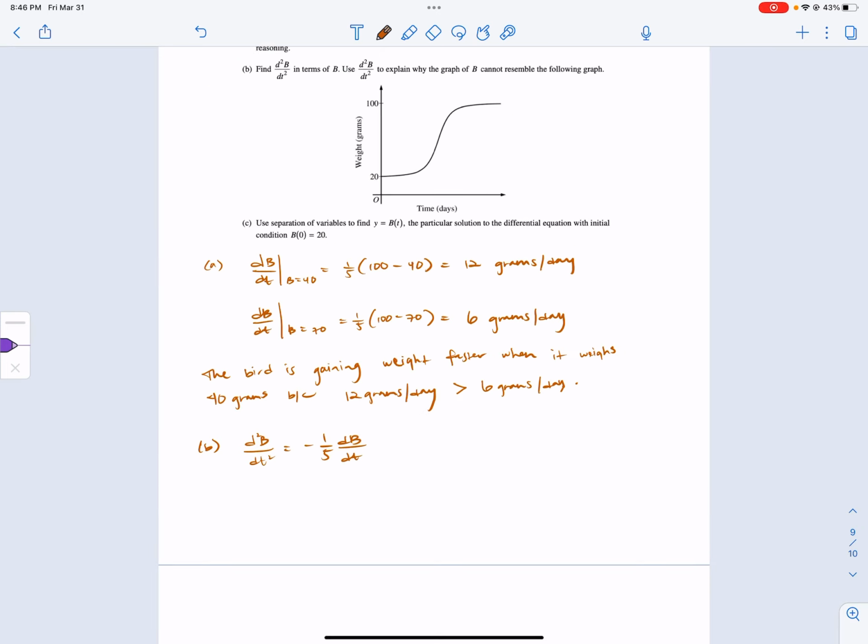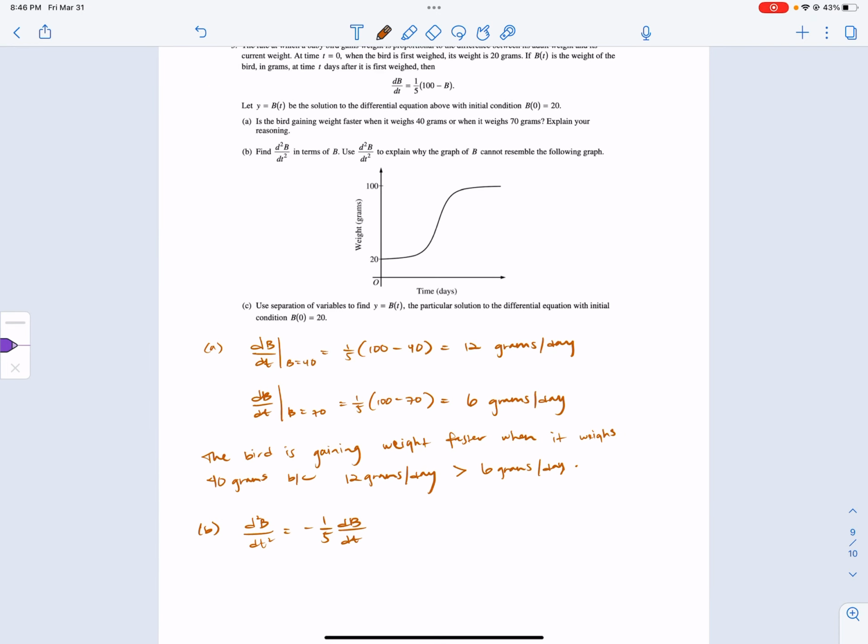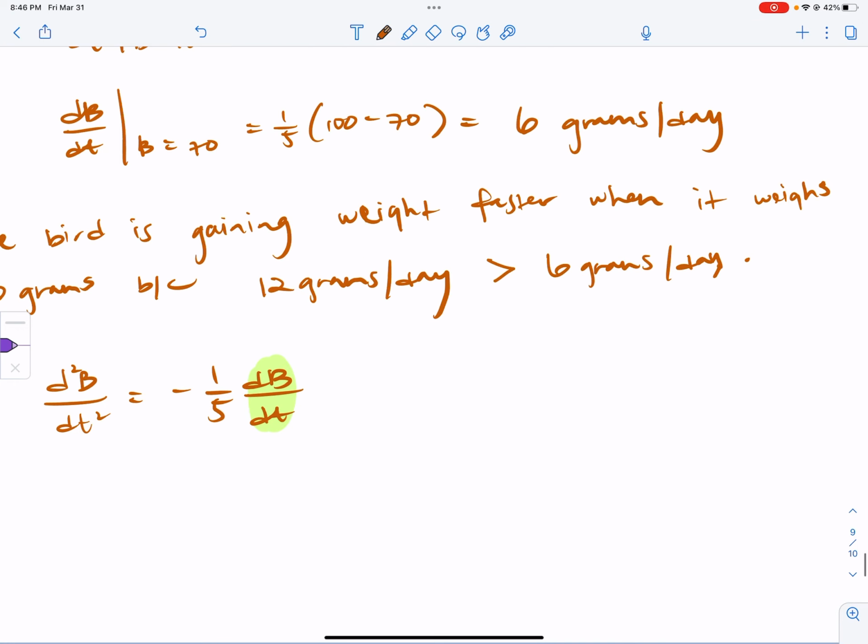But it says to find the second derivative in terms of B. Well, we know what dB over dt is, right? We could replace dB over dt. So we can say that this is equal to negative 1/5 times 1/5 times the quantity 100 minus B, which is negative 1 over 25 times 100 minus B.